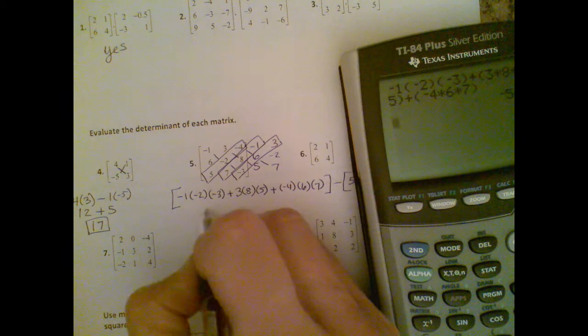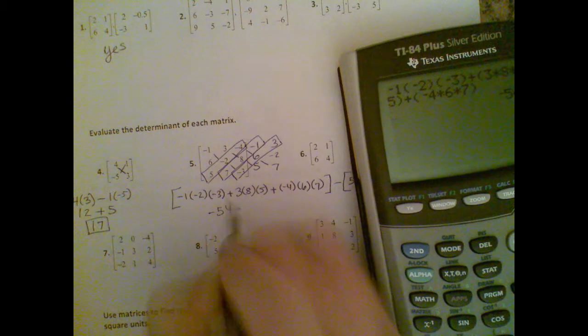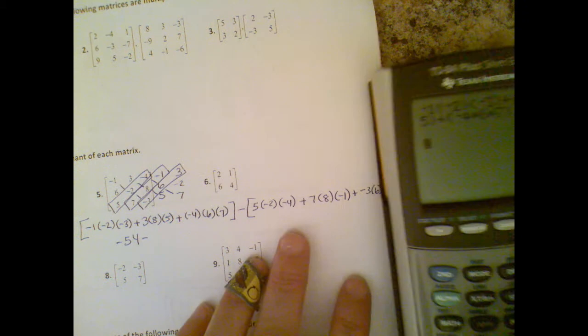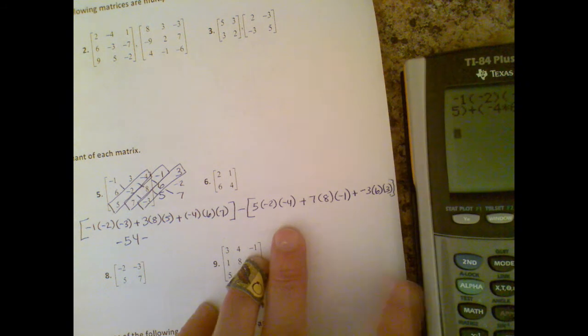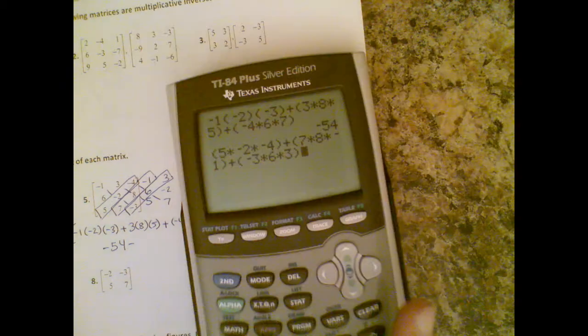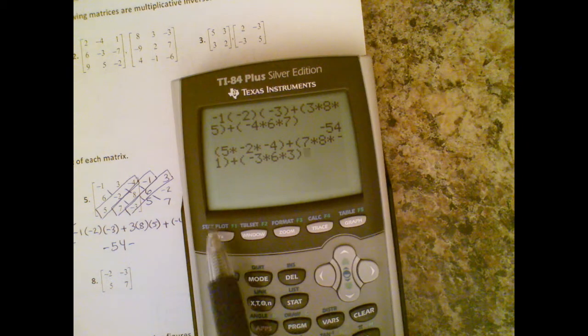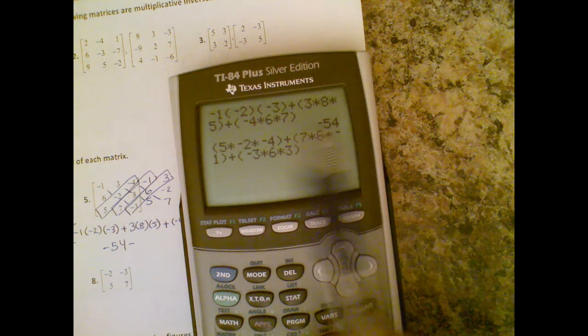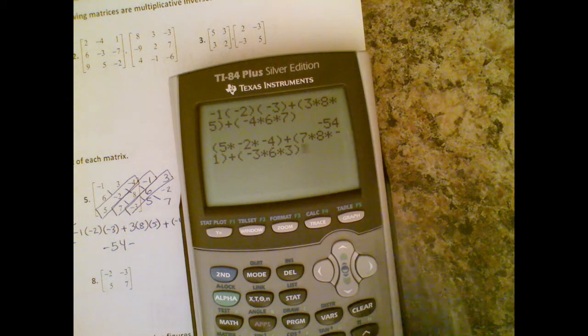We get negative 54 minus, and then we're going to plug in everything on the right hand side. Okay, so this is how I would recommend typing it in versus how I started, just each of the groupings in parentheses.